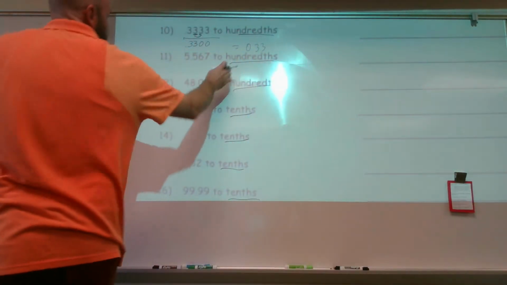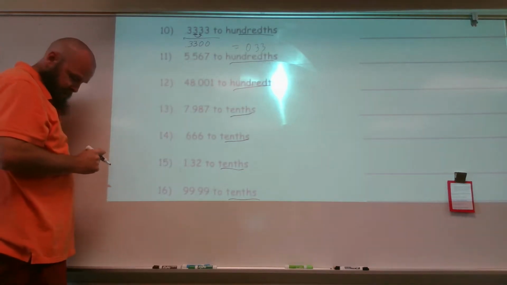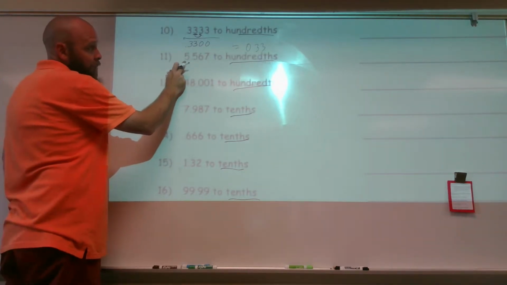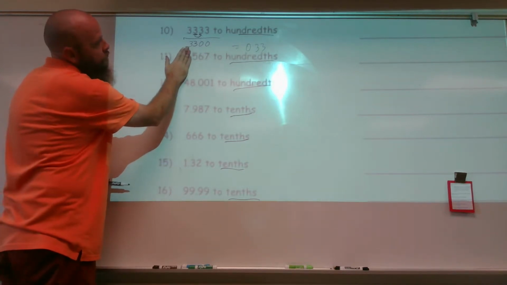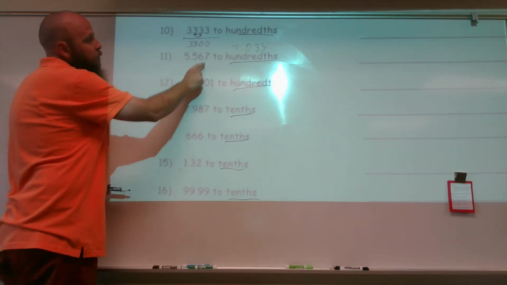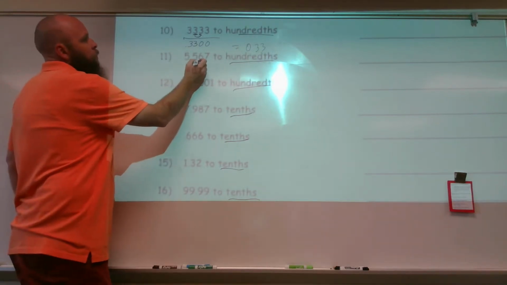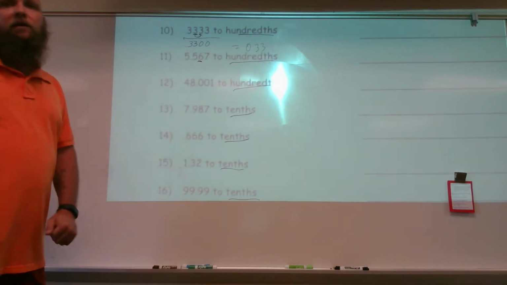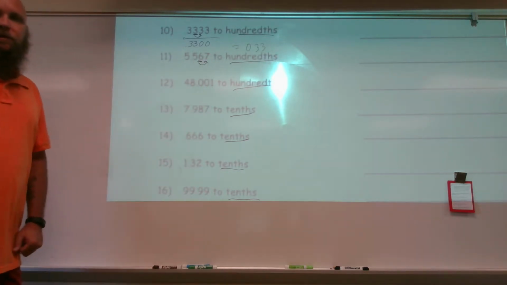Same thing here, round to the hundredths place. We have 5 and 567 thousandths. 5 in front of the decimal point, and 567 behind the decimal point. Thousandths, where it ends. Find our number. The hundredths place is where the 6 is. Look next door. Next door, their neighbor is 7.